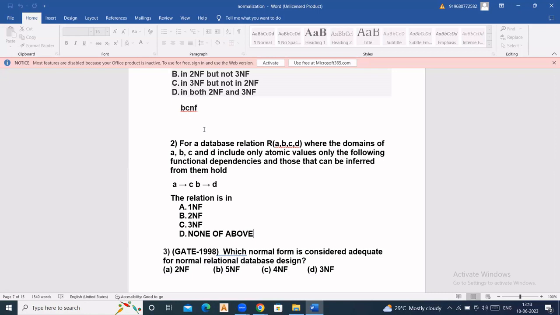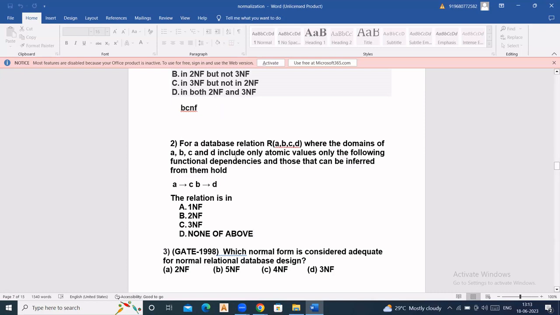If you read the previous question which you have solved, in this question only we have written atomic. So that's why the answer was 3. When you see atomic, there is the answer.